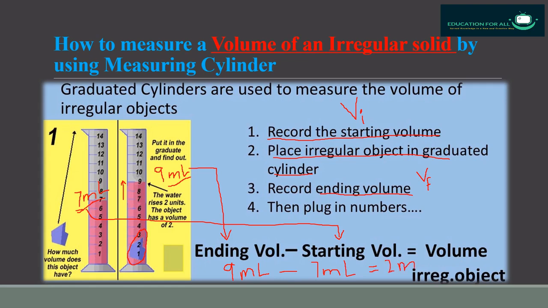So this means the irregular solid substance which we put into the graduated cylinder has a volume of 2 milliliters. In this way we can measure the volume of an irregular solid shape by using a measuring cylinder.